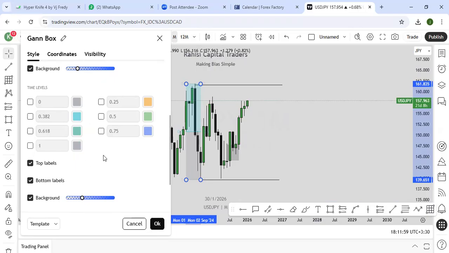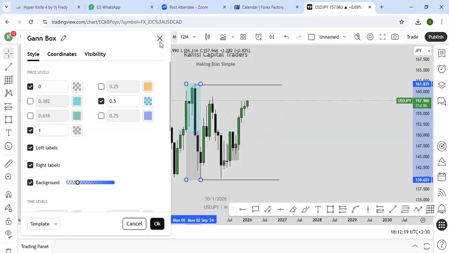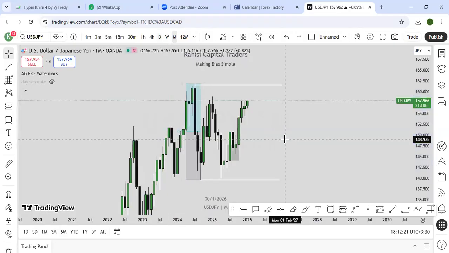Then you untick all of them. Then now you can adjust the background colors, so that it will appear a bit smooth. So that is how we come about this. You can do it on your TradingView, then you understand it.